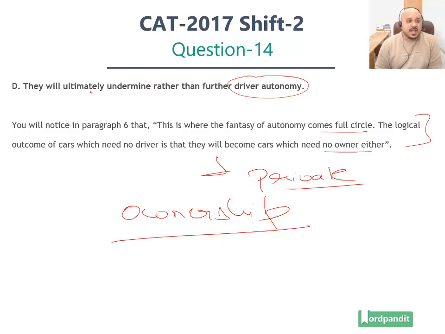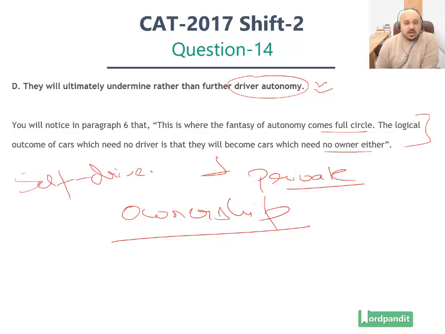Now, if option D had been they will ultimately undermine rather than further private ownership of vehicles, this would have been absolutely correct as a statement, but this states driver autonomy. Electric vehicles, they don't impact driver autonomy as such, right? It is the usage of these vehicles, and ultimately when we will have cars which will be self-driven, right?